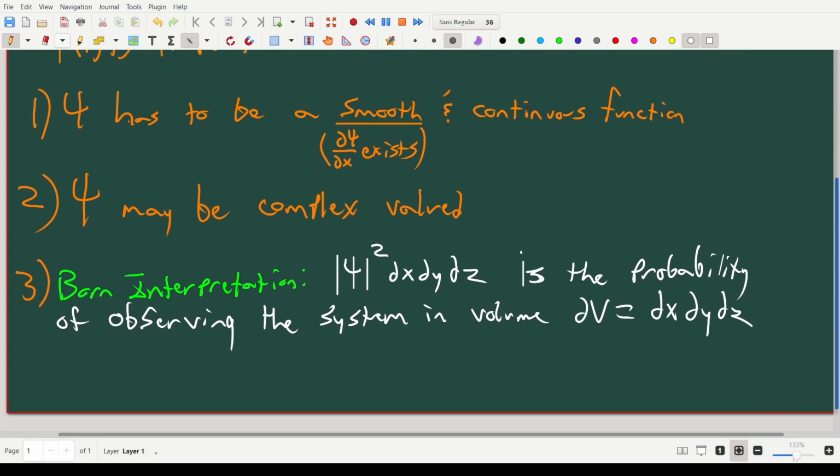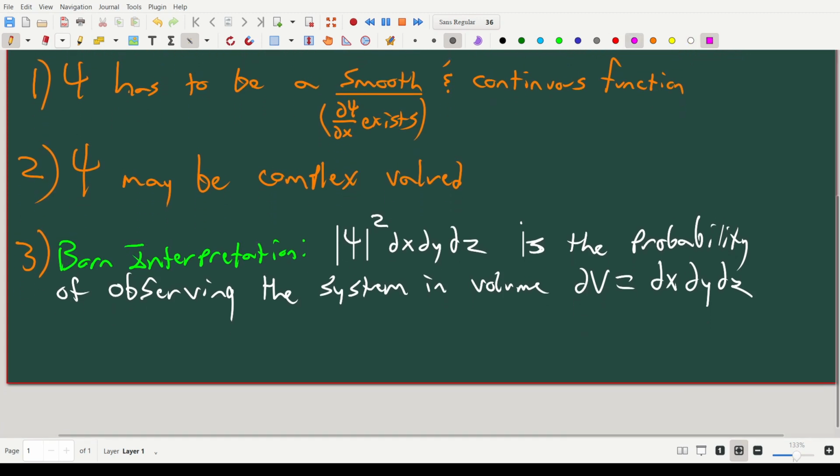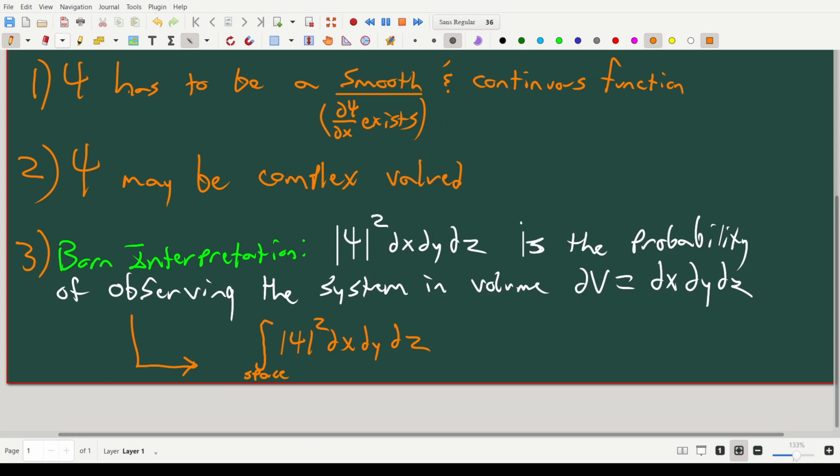And the conclusion of this is that if we integrate over the entire space of our region, the entire box, of psi squared dx dy dz, this is asking what's the probability of finding the particle in the entire box.